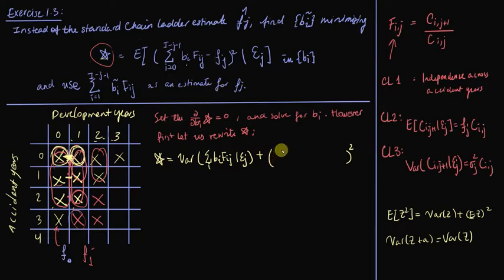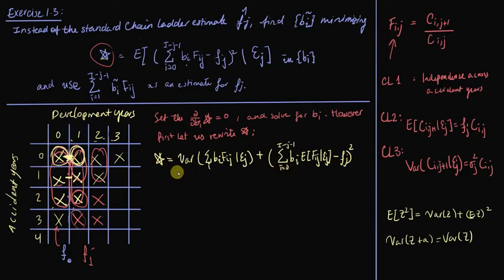So what we have is the sum from 0 to I minus j minus 1, which is also the case here, but I just didn't write it. There wasn't enough space. Bi times the conditional expectation of fij given epsilon j, and we subtract fj.